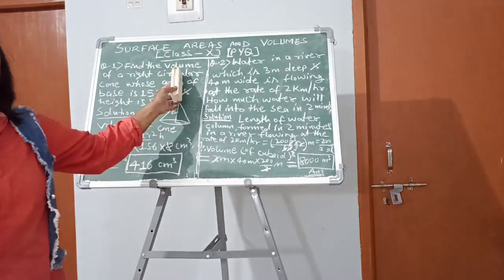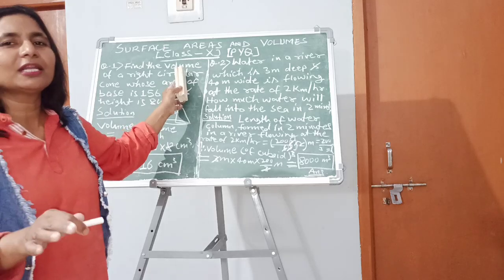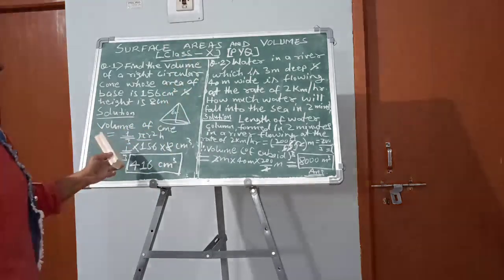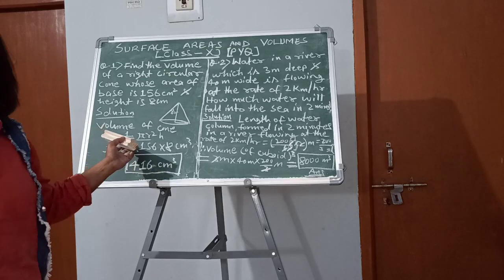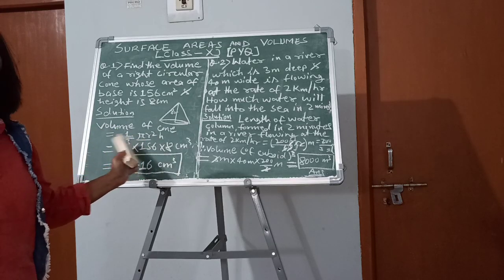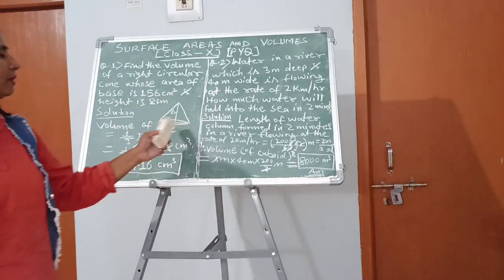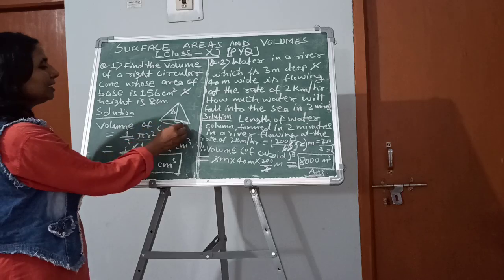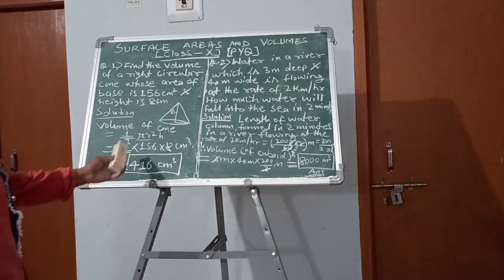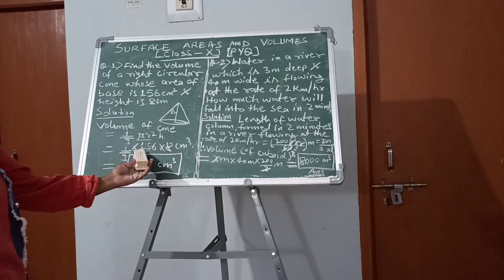This is a very easy question asked in MCQ. Here I have not written options. So let us try to find out. We know that the formula to find out the volume of a cone is 1 by 3 pi r square h. So if this is a right circular cone, the area of this base, from the formula you can see that the value of pi r square is equal to 156.